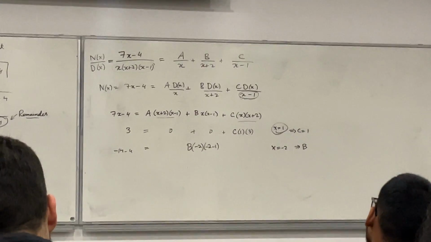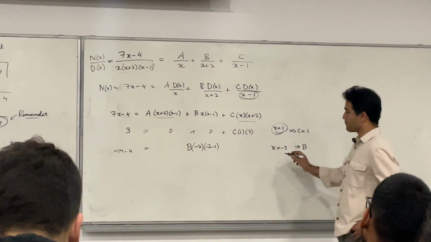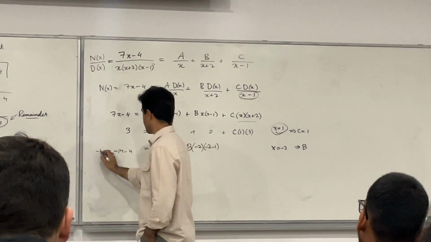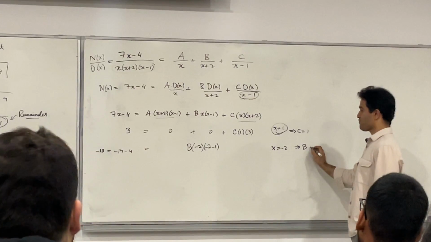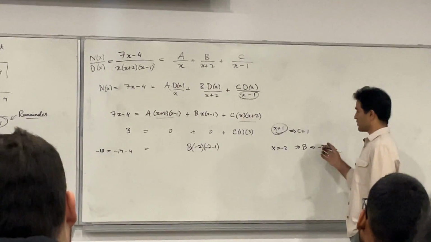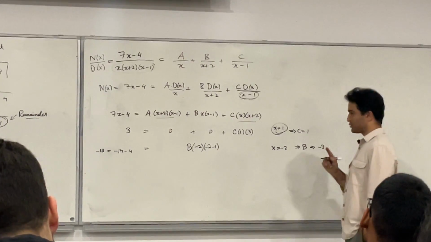X minus 1, x plus 2, right? Minus 3. Anyway, so this is minus 18 over plus 6. Yeah, minus 3. B is minus 3.